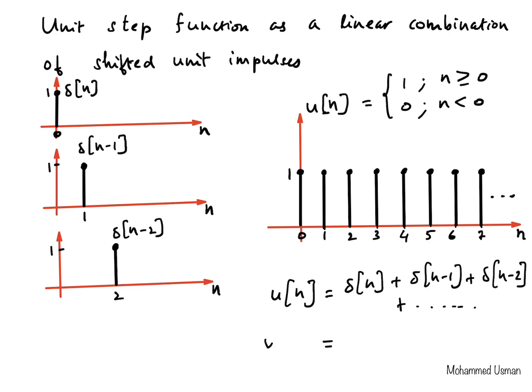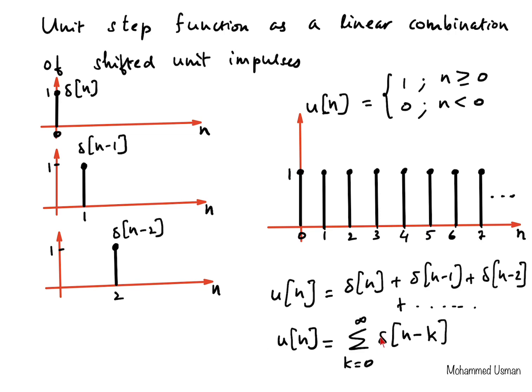Or in general, in short form notation, we can write the unit step function u of n as a summation of delta of n minus k, where k goes from 0 to infinity.